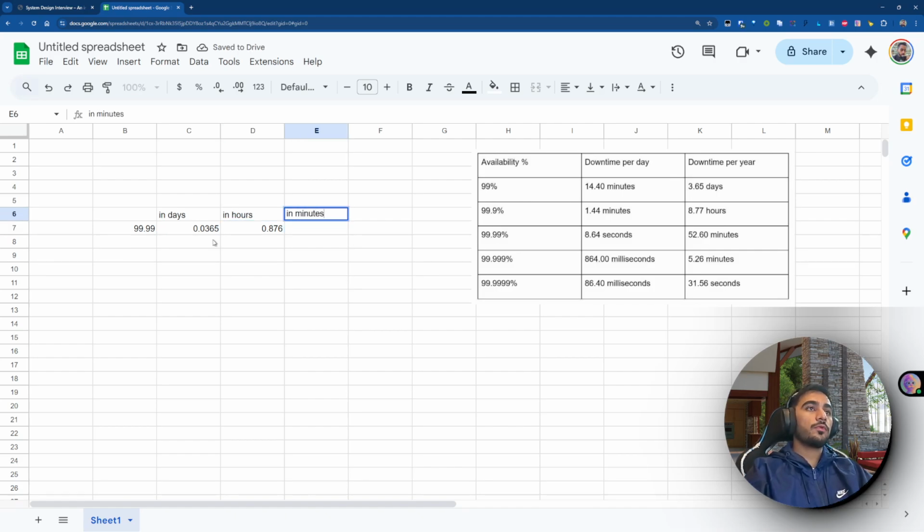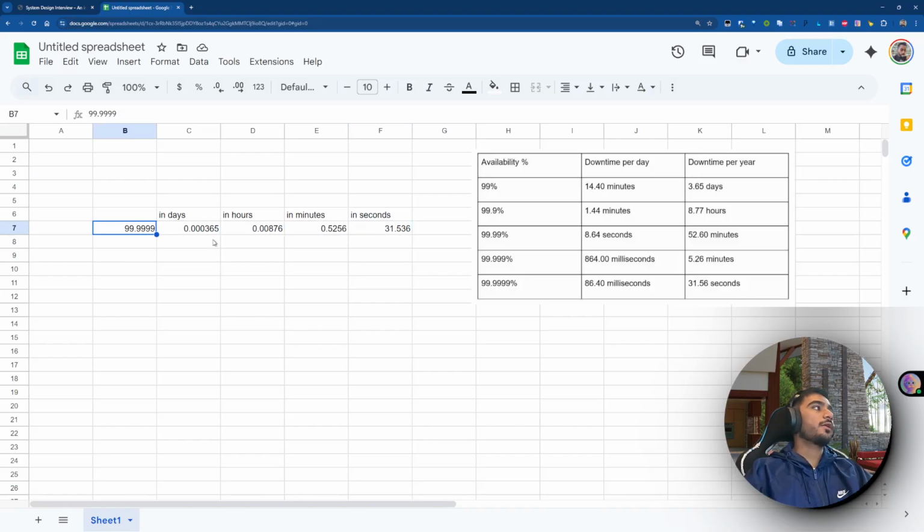In minutes, I'll also do it, and might as well do it in seconds too. So 99.999% is 5.26 minutes, and 99.9999% is less than 31.56 seconds of downtime.